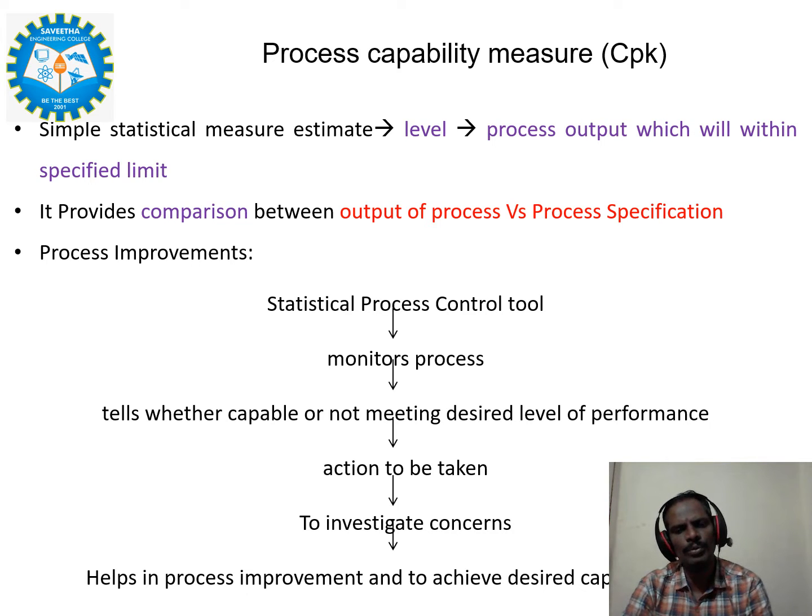Whenever we want to improve the process capability, we go for steps such as a statistical process control tool to monitor whether the process is reaching the desired level. When it is not reaching the desired level, we take action to rectify the problems, or investigate the concern and help to improve the product.